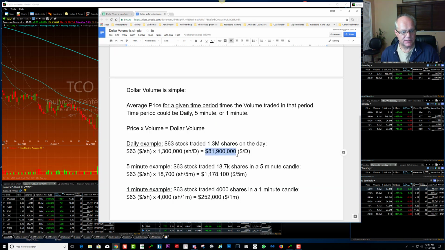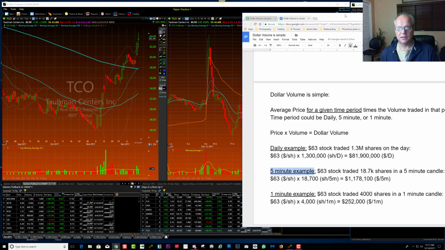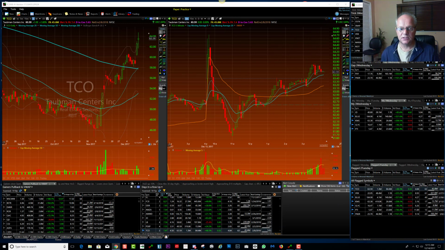Going back to our example, remember what I said: dollar volume is based on a given time period. So we have a 5-minute example. A $63 stock traded 18.7 thousand shares in a 5-minute candle. Let's look at TCO today on the 5-minute chart.